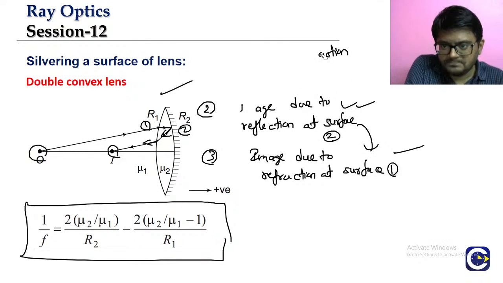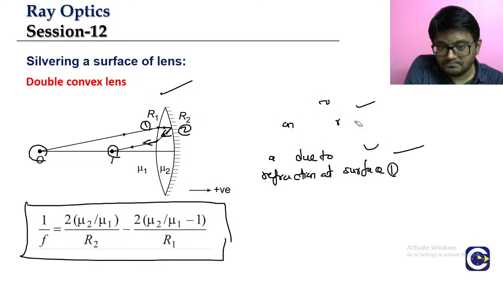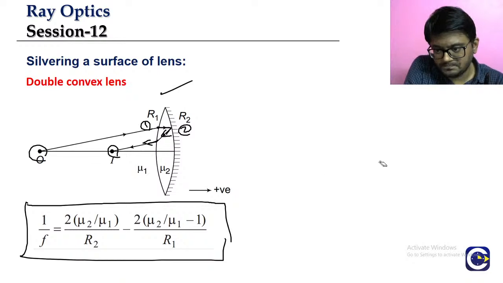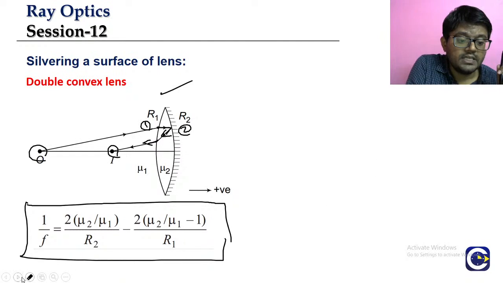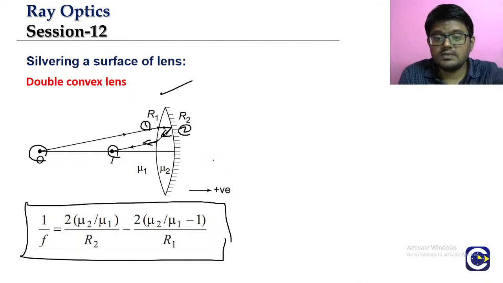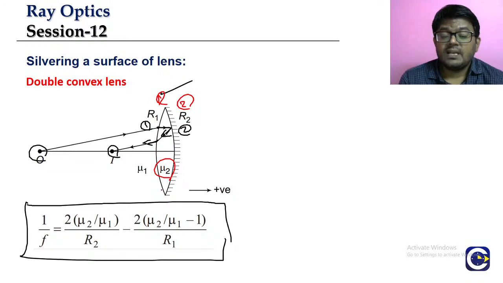1 by f is equal to what? 2 times mu2 by mu1 divided by R2. So here R2 means what? The radius of curvature at surface 2. Mu2 is what? Lens material. Mu1 is what?